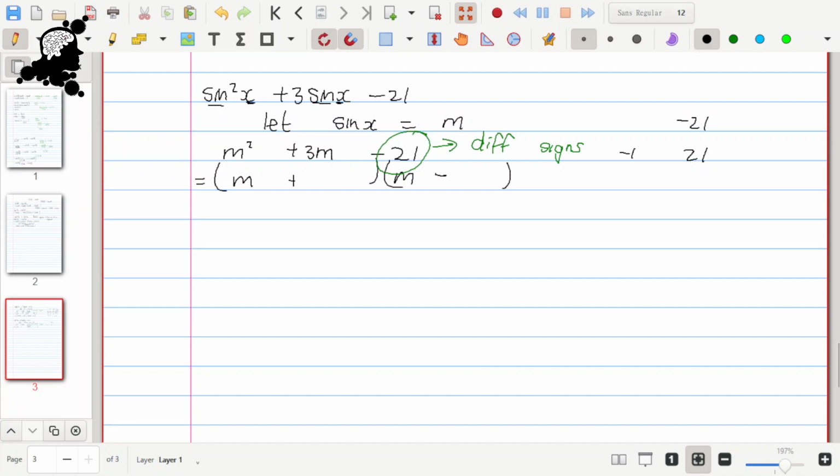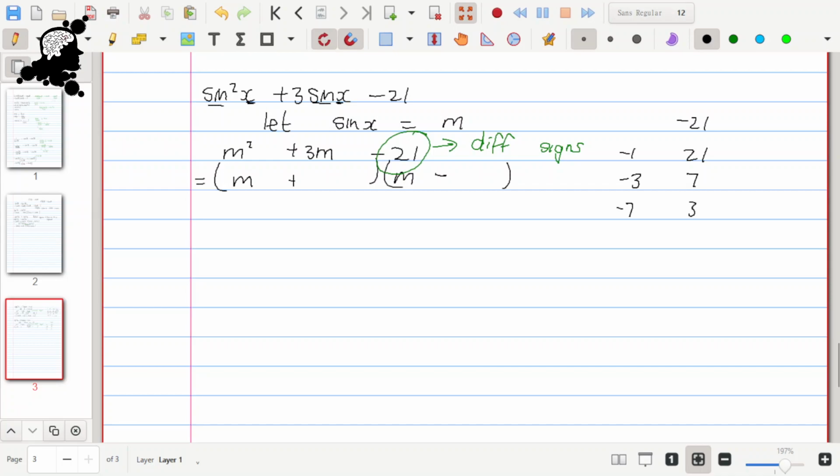Let's see. I've got negative 3. 2 does not go into 21. Yes. I've got negative 3 and positive 7. Let's see what else I have. 4 does not go. 6 does not go. I've got negative 7 and positive 3.